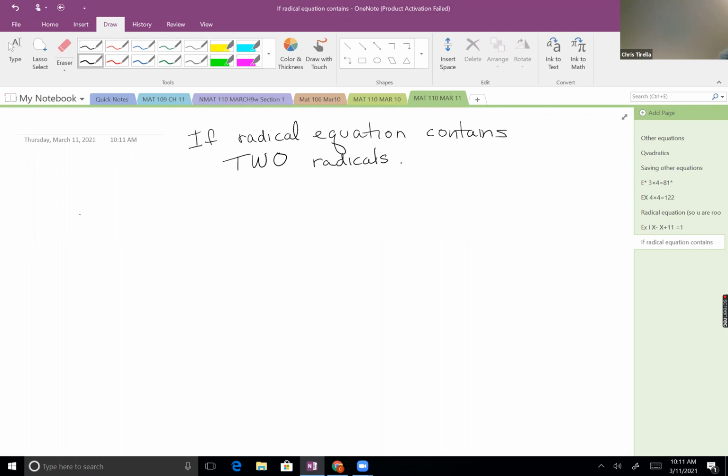So what's that look like? Let's look at an example. Let's look at the square root of x plus 5 minus the square root of x minus 3 equals 2. Again, because there's 2 radicals, we're going to have to square twice.